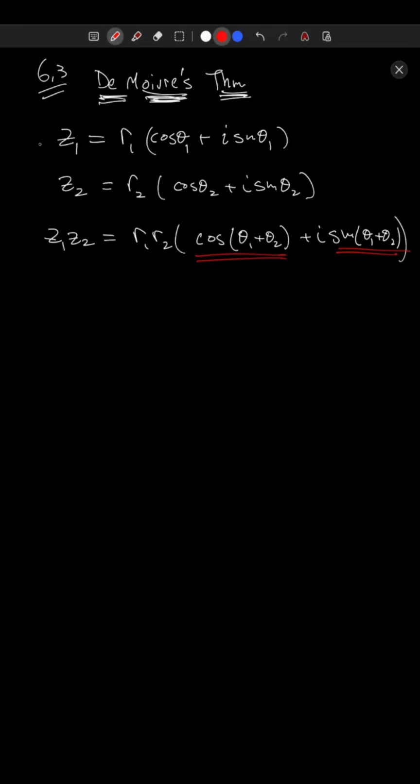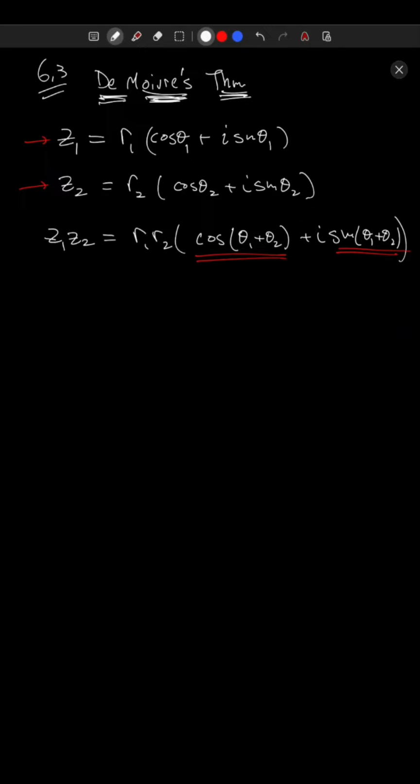When you FOIL these two expressions, when you multiply them out, you get exactly the two terms that we see here. So again, the conclusion was that when you do multiplication of complex numbers, it is very profitable to think of them in terms of their trig forms.